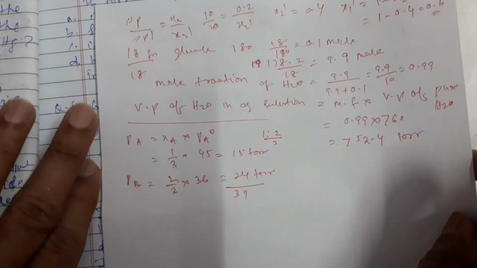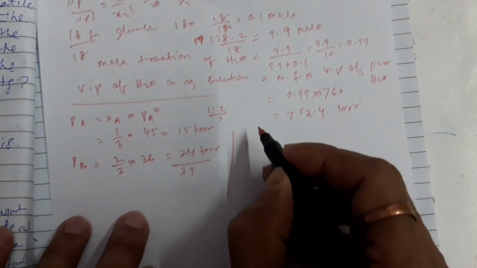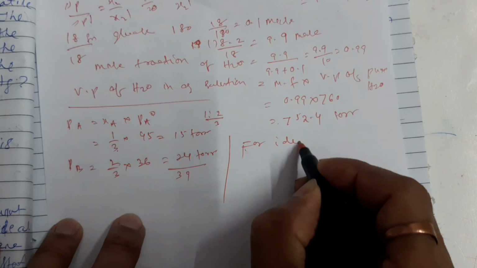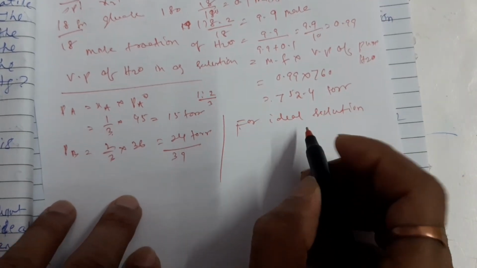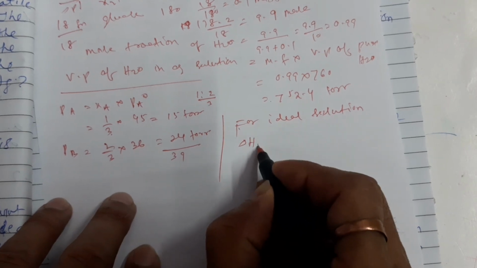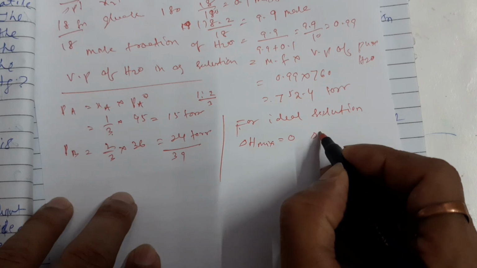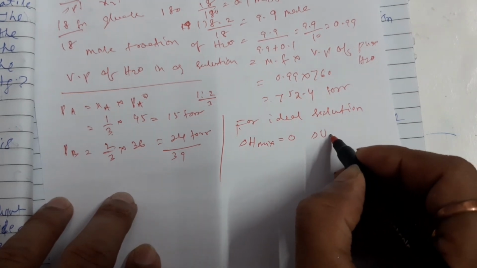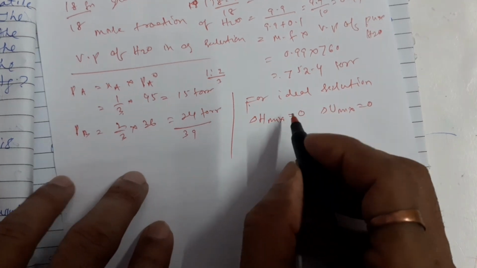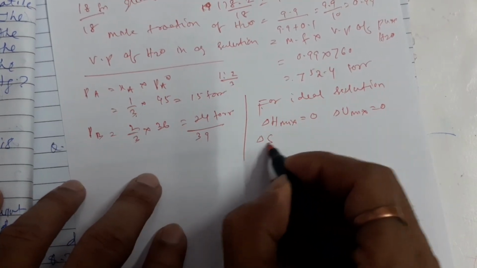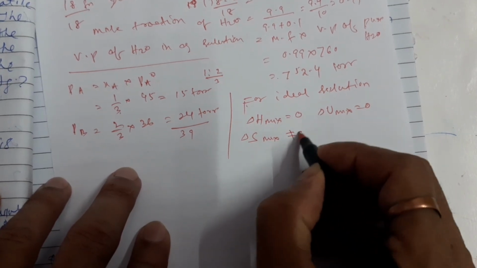You see, for an ideal solution, delta H of mixing is equal to 0, delta U, that is the change in internal energy of mixing, is equal to 0, and delta S, the entropy change of mixing, is not 0.